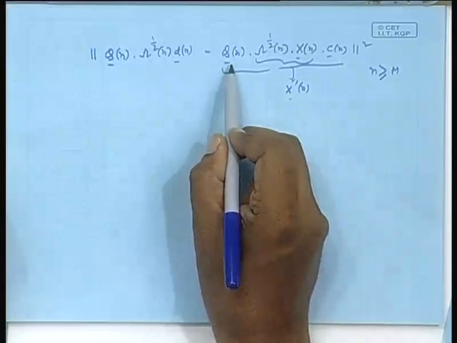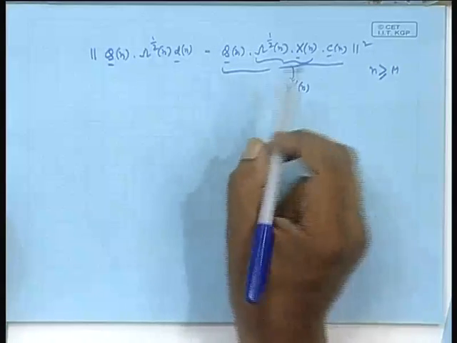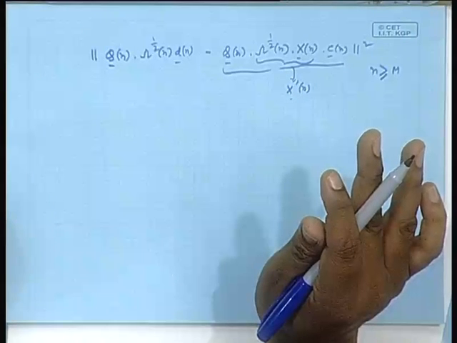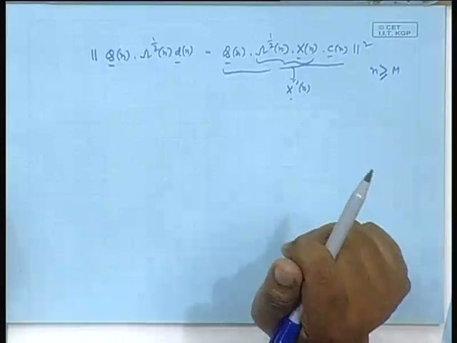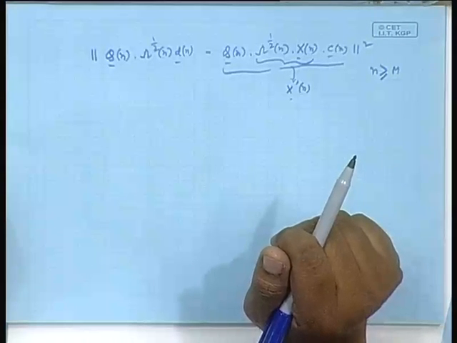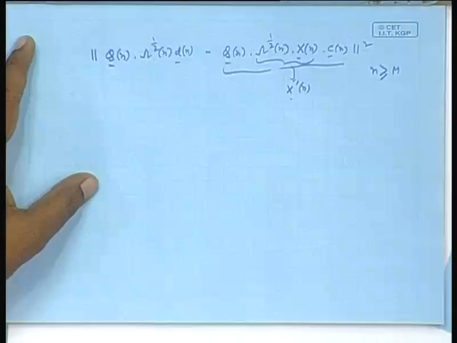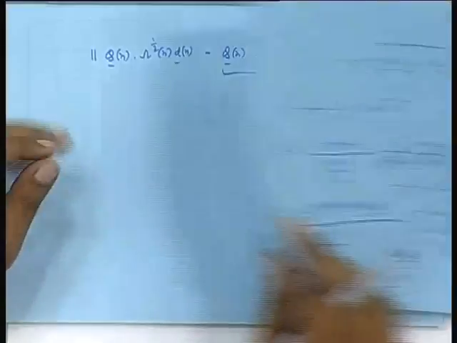Qn I will choose so that it does QR factorization of this. There is one small difference. I have to come back to that QR here.